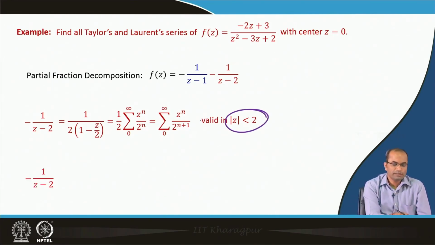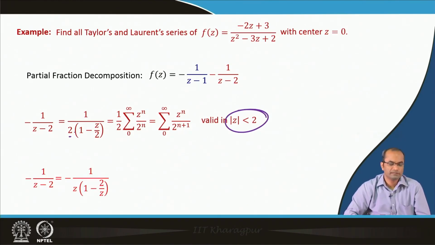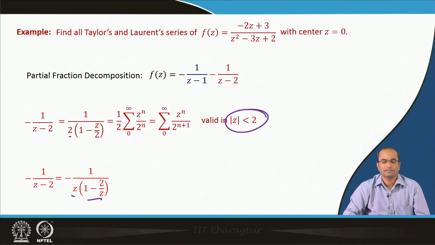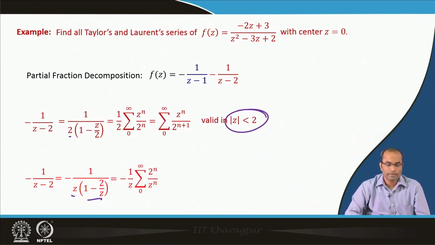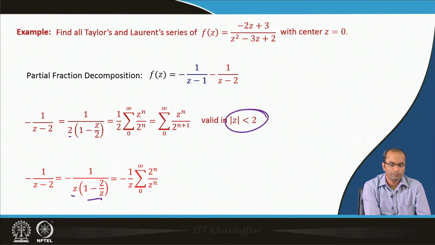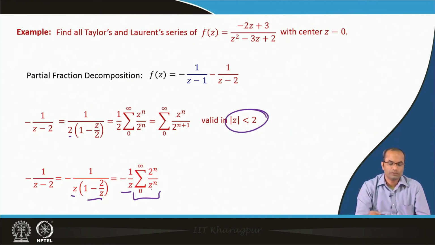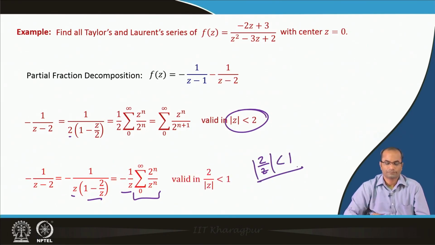Another possibility, instead of taking this 2 common, we can take the z common. So, we have z there, and then we have again 1 minus, instead of z, now we have 2 over z, and we can again write the expansion. So, we have minus 1 over z, and then the expansion of 1 over 1 minus 2 over z, which is the sum of 2 over z power n, and the validity will be coming from 2 over z less than 1.